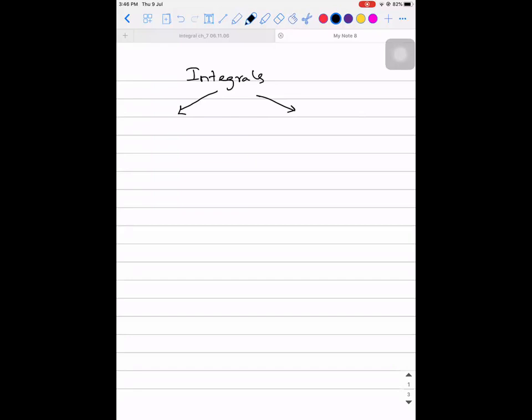One, we call indefinite integration; integrals is the operand, integration is the operation. And the next one is definite integration. You have heard these two terms, I guess.